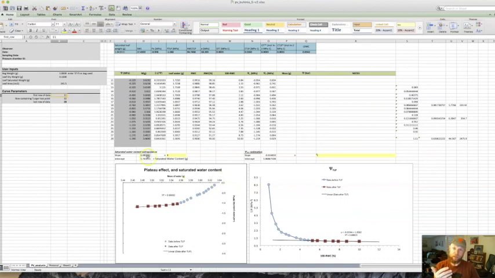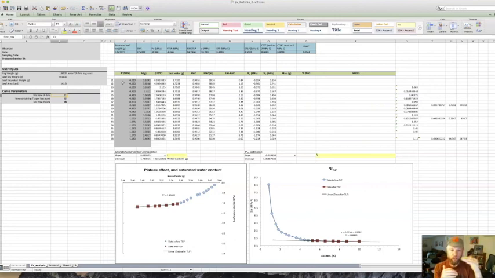If that happens, you want the first row of data to actually be on row 12 or 13. You move it down until you don't see what we call the plateau effect. All right, and that's the only reason you would change where your data starts and where it ends.